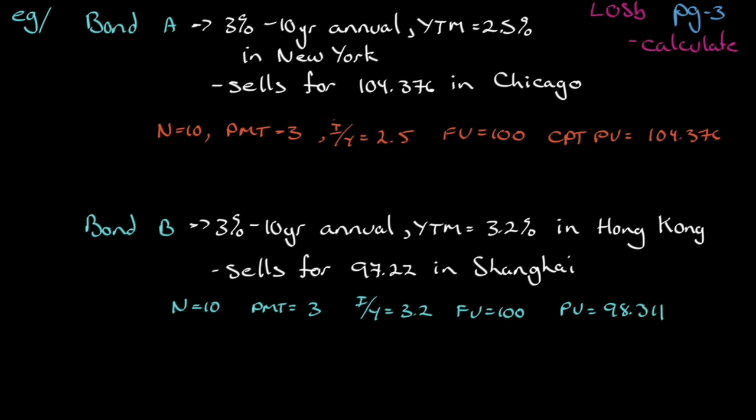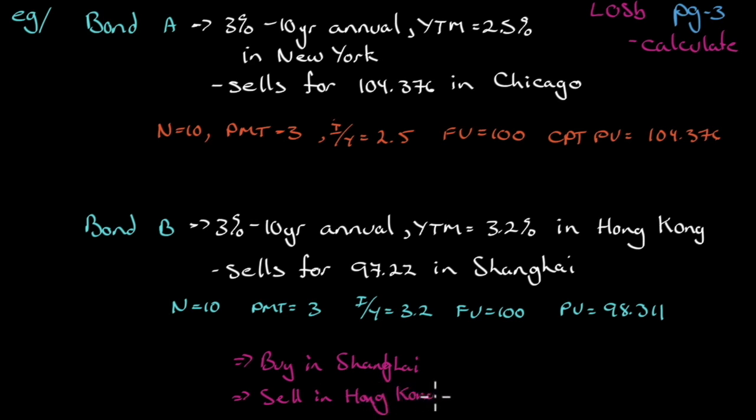We follow the general law of investing: buy low, sell high. So where's the low price? It is 97.22 in Shanghai, 98.31 in Hong Kong. It's lower in Shanghai, so we will buy in Shanghai, and we will take that bond and immediately sell in Hong Kong.